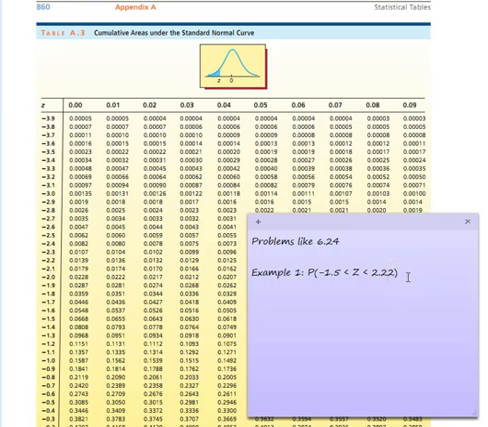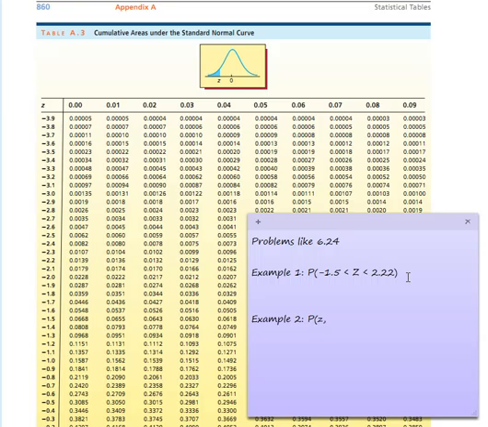Another type of problem, I'll call this example 2. Those problems would look like this. The probability that, let's use a parenthesis, z is less than or equal to some number, and I'm going to make this one up too.